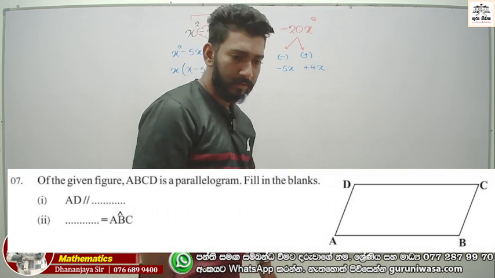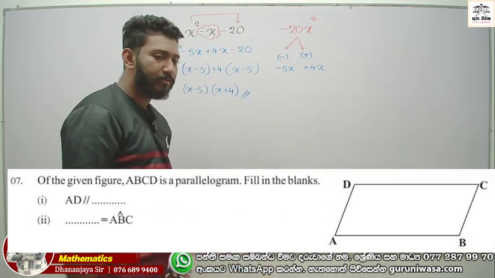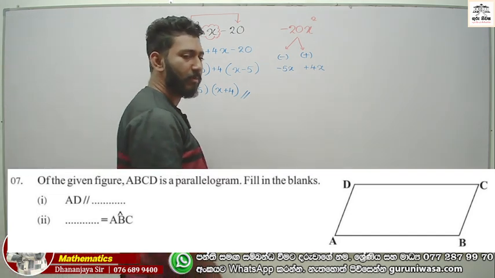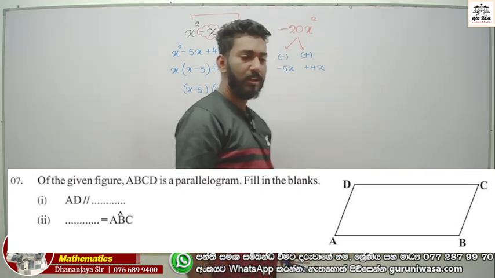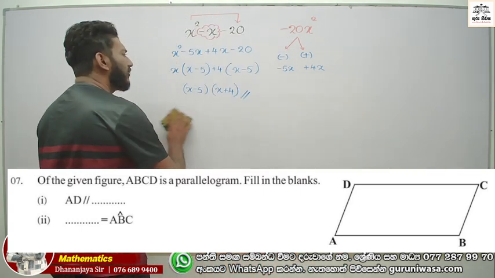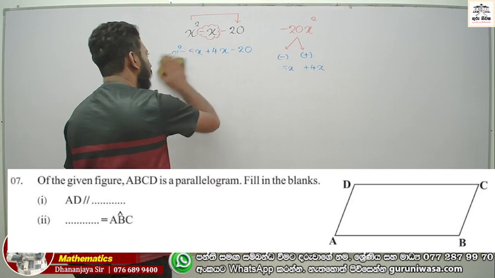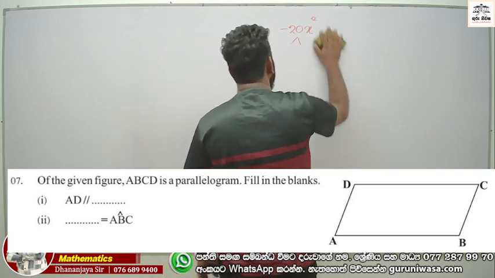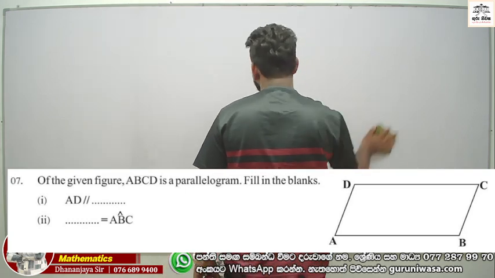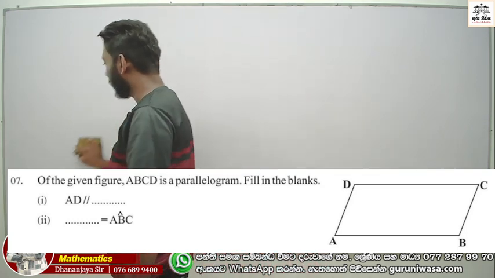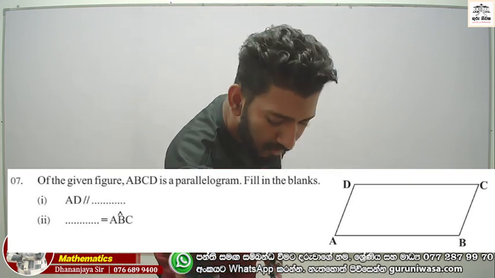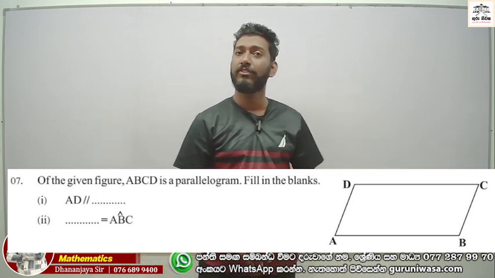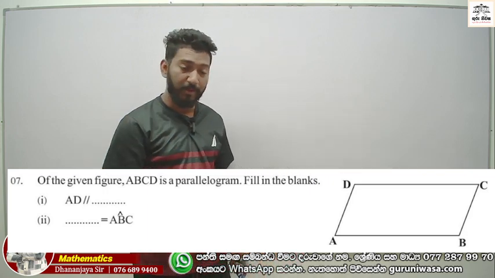Question number 7, right? Fill in the blanks using the given information. ABCD is a parallelogram. Now write the answers. And you know the characteristics of parallelograms, right? Opposite sides are equal and parallel, and the opposite angles are equal. Diagonals bisect each other, and each diagonal bisects the whole area of the parallelogram.